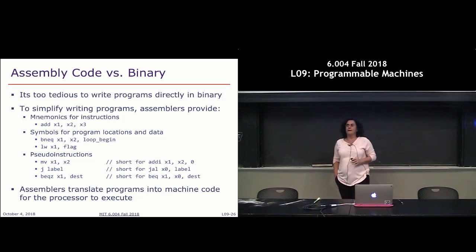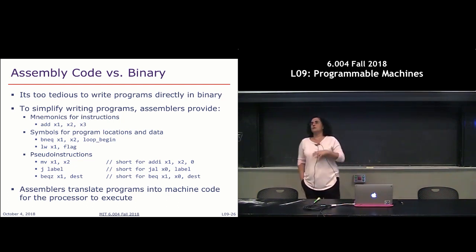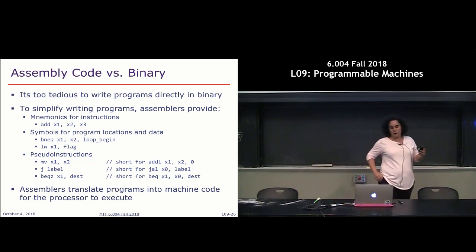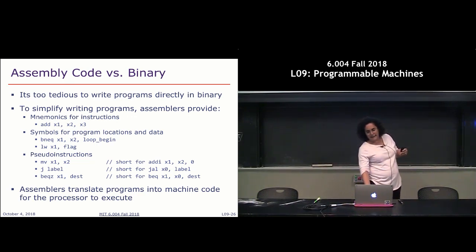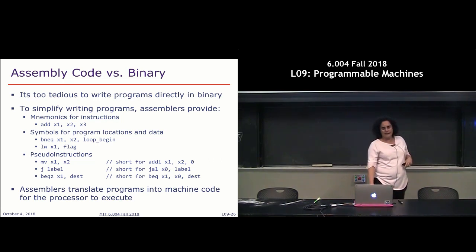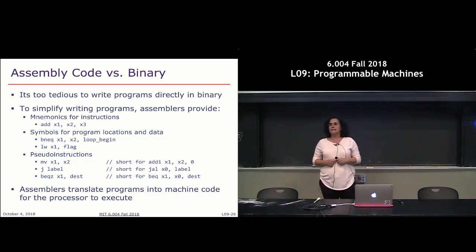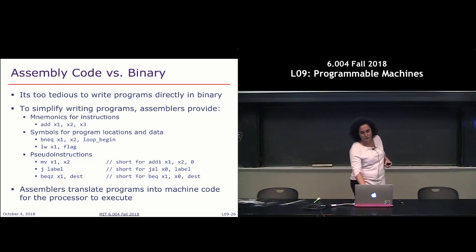And finally, it also allows us to define pseudo instructions. Even though I could specify something like addi x1, x2, 0 to mean put the value of x2 into x1, it's easier to think of it as move x1, x2. So there's a pseudo instruction which just gets translated into this other instruction over here.